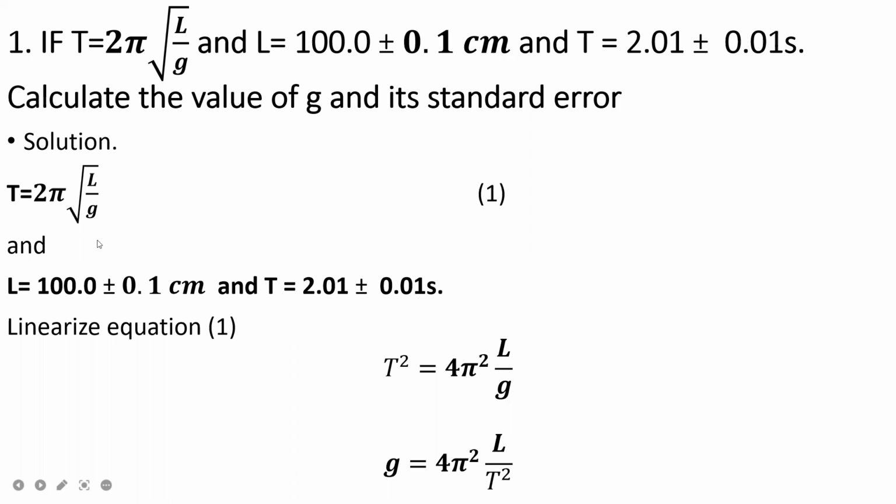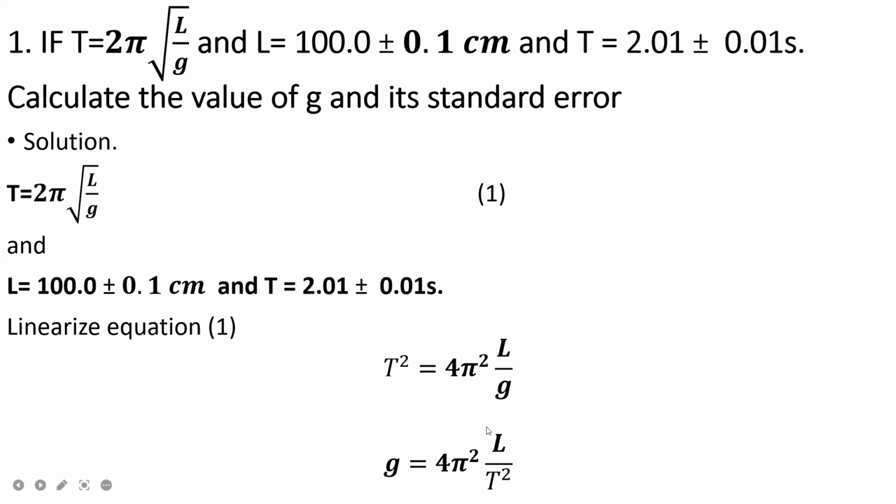Now, to calculate my value for G, I'm going to linearize equation 1. What does that mean? I will take the square of both sides of this equation. If I square both sides, in order to make G the subject of the formula, we will have T squared equals 4 pi squared L divided by G, because square will cancel square root.